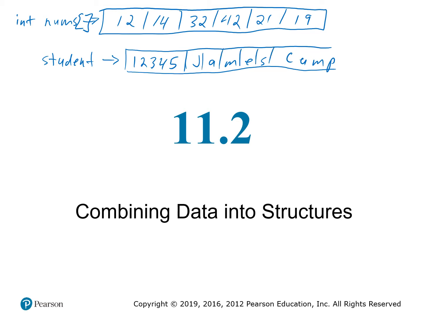So a bunch of character variables here making up a string, and then we wanted to have a GPA, so 3.65 I'll say is my GPA. Okay, we can't do that with an array.